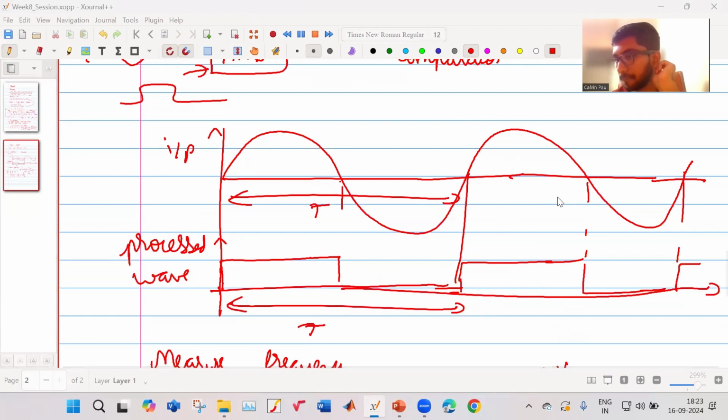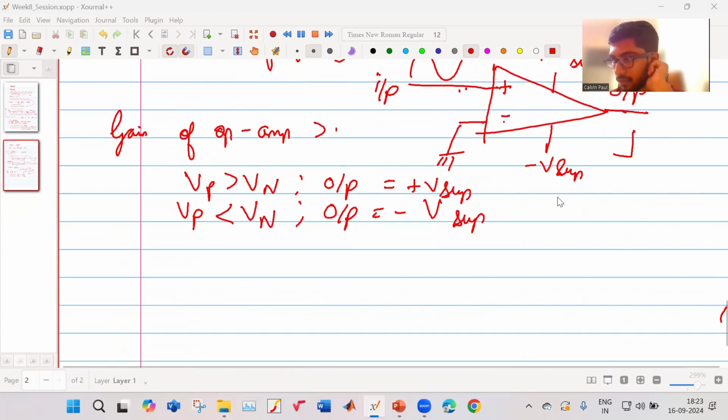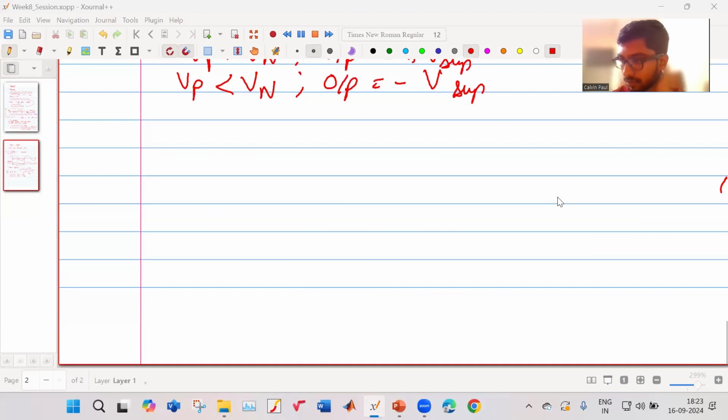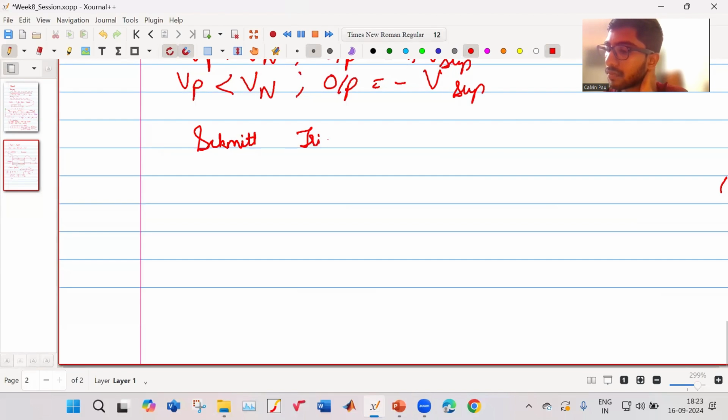Yes, noise is an issue. So we have to use what is known as a Schmitt trigger.